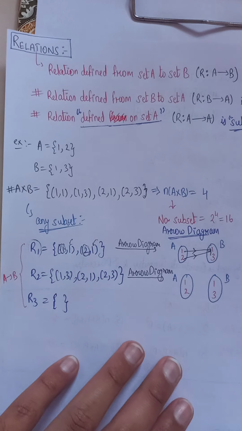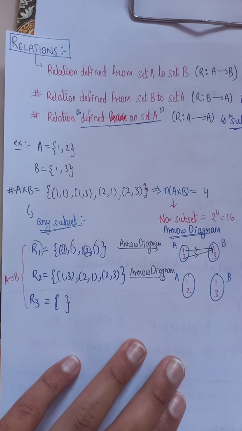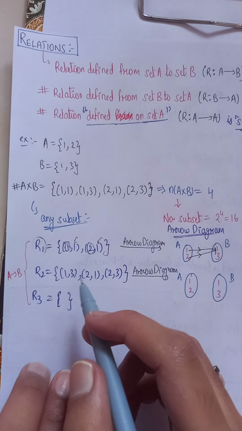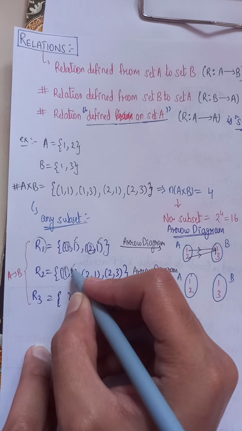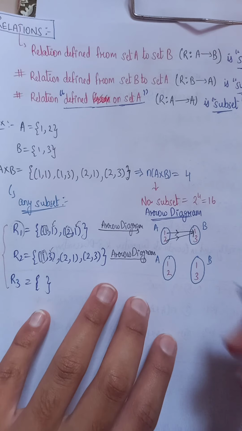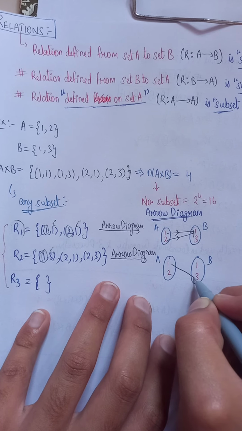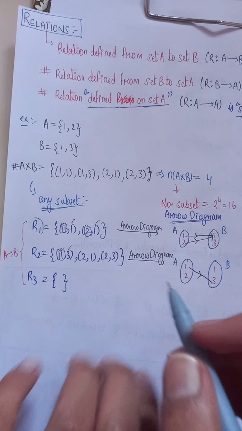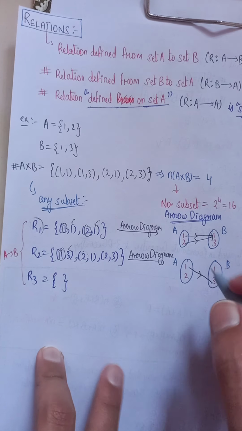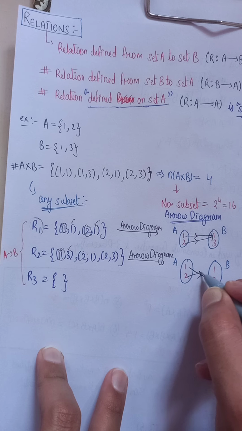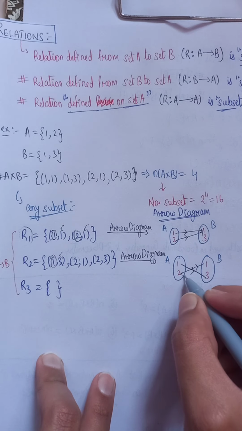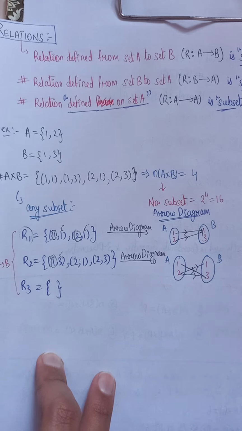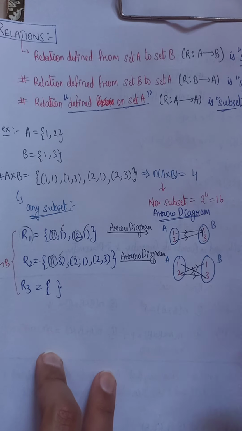Now the arrows. In R2, 1 is with 3, so draw 1 with 3. Again, 2 with 1, then 2 with 3 also. That's how you represent it.